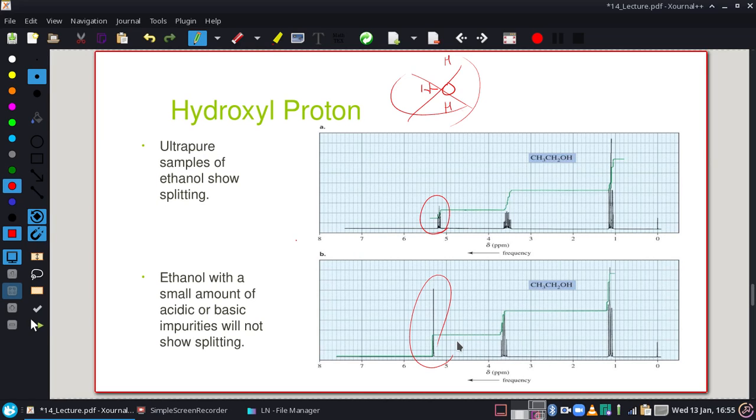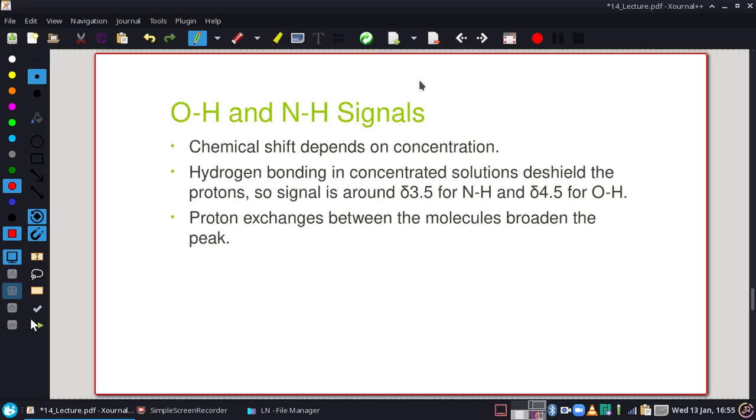And by disappear, it really does just replace all those H's off the oxygen with deuterium, and deuterium never shows up in an NMR spectra. So that's what we end up doing. We measure it, see that weird peak, throw some deuterium in there. The peak that disappears is an OH or an NH.